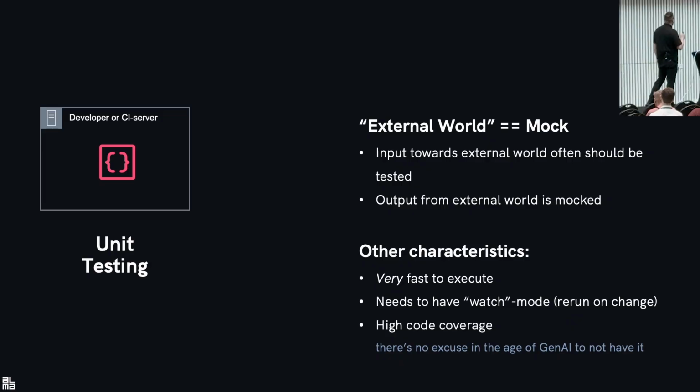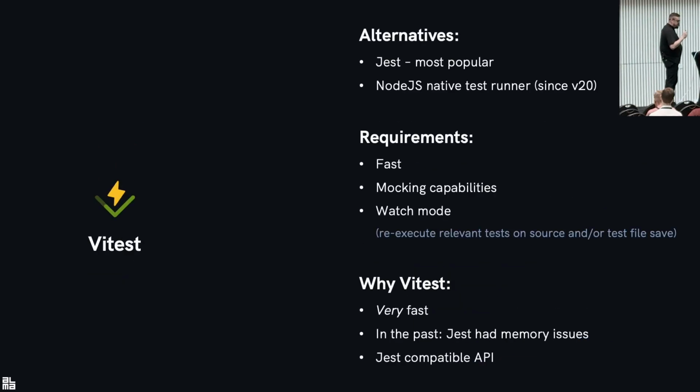And finally, high code coverage, and especially these days with Gen AI, there is no excuse for not having high code coverage. For this, I personally and within our company, we like to use Vitest. There are alternatives, yes, and even these days, Node.js has a native test runner. But let's say the key points are, again, it needs to be fast, which Vitest is. It needs to have good mocking capabilities and that watch mode.